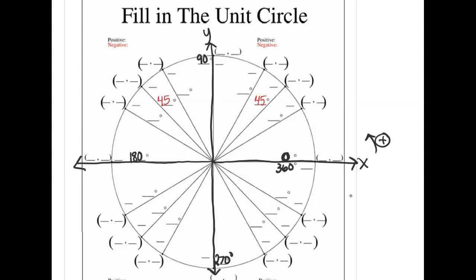Oh, I'm sorry, you guys, don't mark them all as 45. In this second quadrant right here, we're not going to write 45. It's 45 more than 90, so it's going to be 135. And in this third quadrant, 45 more than 180 would be 225. And in this last quadrant, you're almost all the way to 360. You're just 45 away from it, and that number is 315. So these are the 45s.